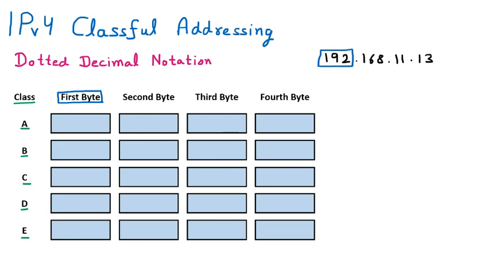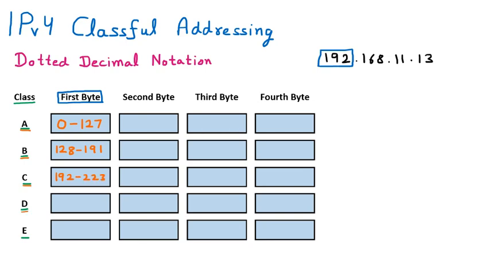If we talk about the range of class A, then in class A the range is 0 to 127. The range of class B starts from 128 and goes till 191. Then class C has 192 to 223.